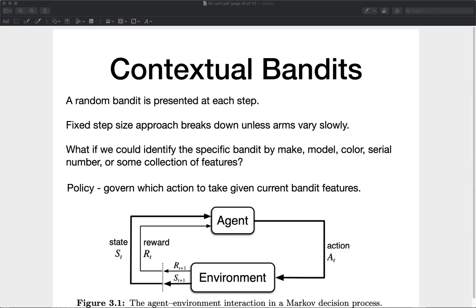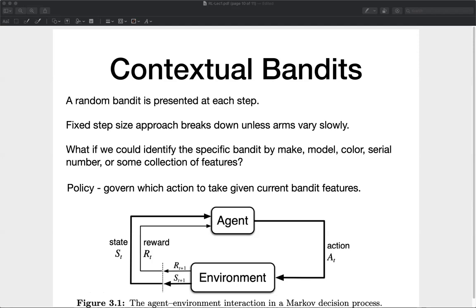But at the end of the day, you're going to get an estimate for the returns. And if the casino was changing the returns on those arms slowly, you can even keep up with that by using a fixed step size with a discounted sum of returns. So you can even handle a moving target, provided that the target moves slowly, right?